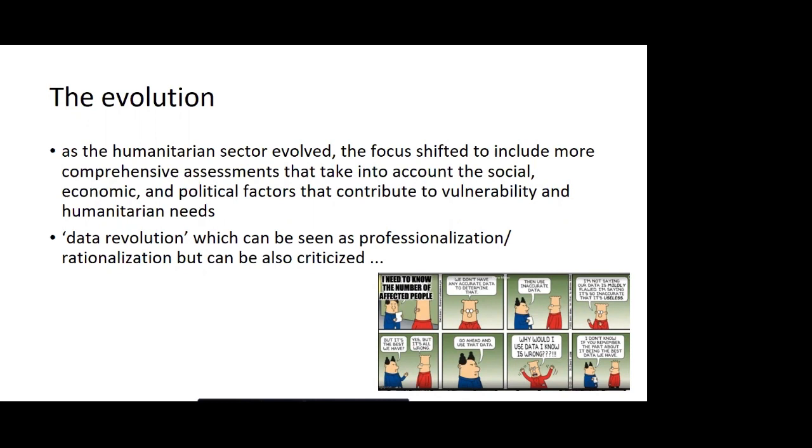And that can be seen as a sign of professionalization and overall progress and improvement. And I think those of you who are more quant would definitely side more with that way of understanding that process.